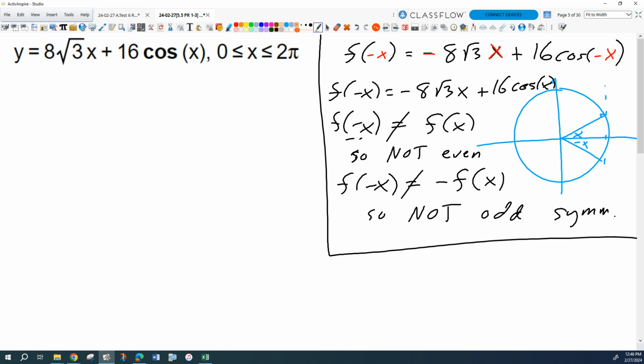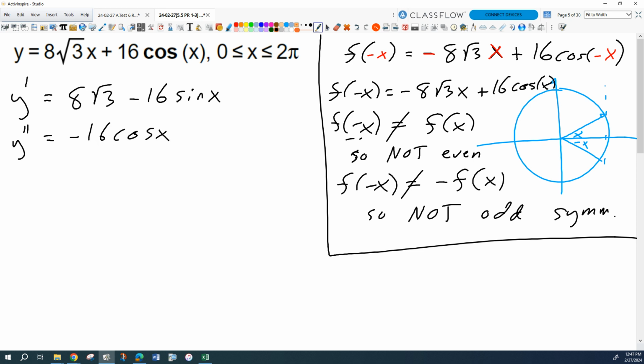Okay, let's do some derivatives. What's y prime? Square root of 3 minus 16 sine x. Okay, and y double prime? Negative 16 cosine x. Okay, so let's find our critical numbers.